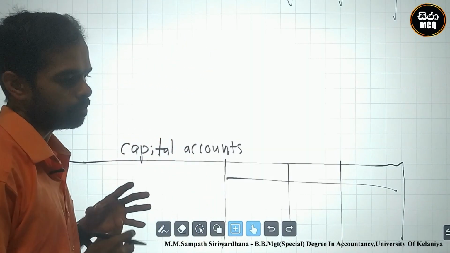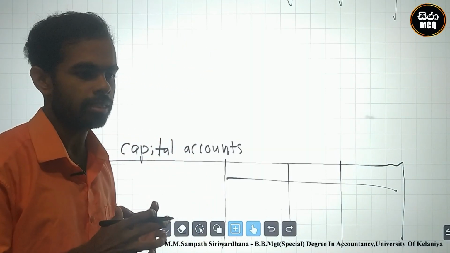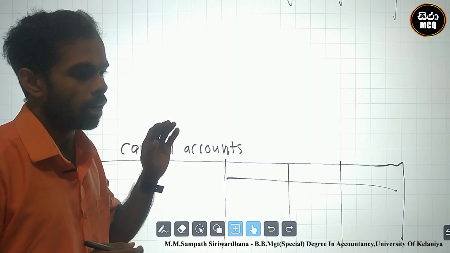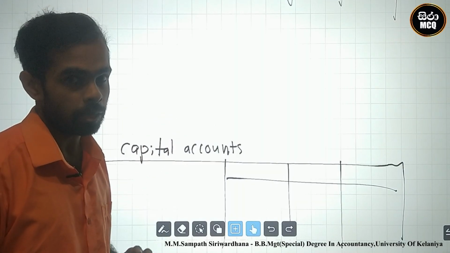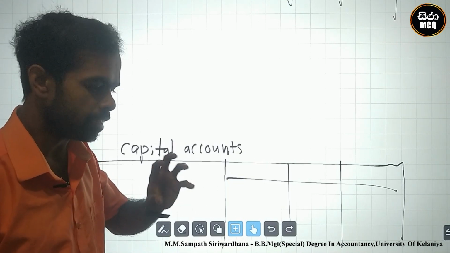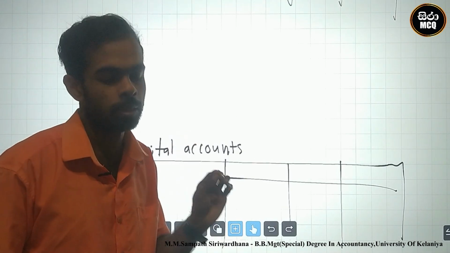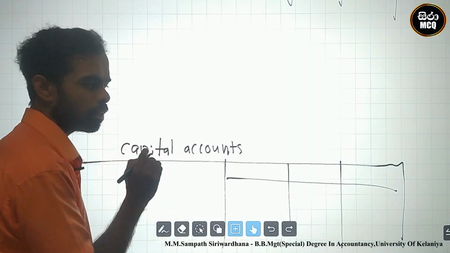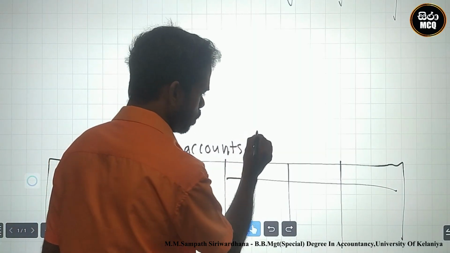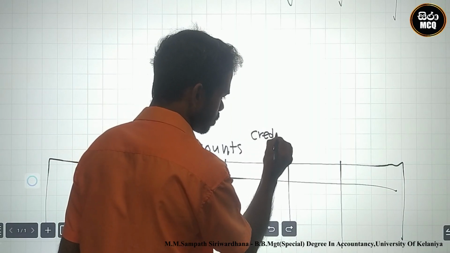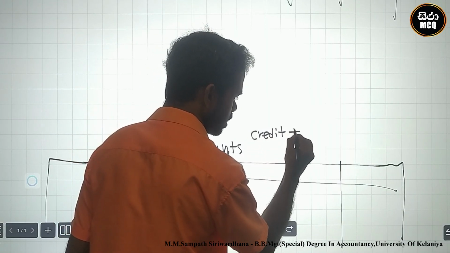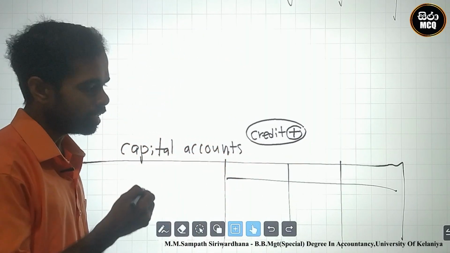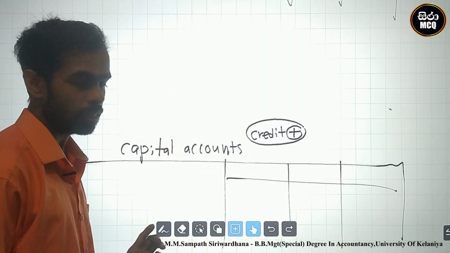At that time, I use plus and minus, increases and decreases. I do not enter credit and debit sides. I record increase and decrease. Why? Capital accounts are credit balances. Therefore, all credit sides I add to this account, which means I increase the capital account.